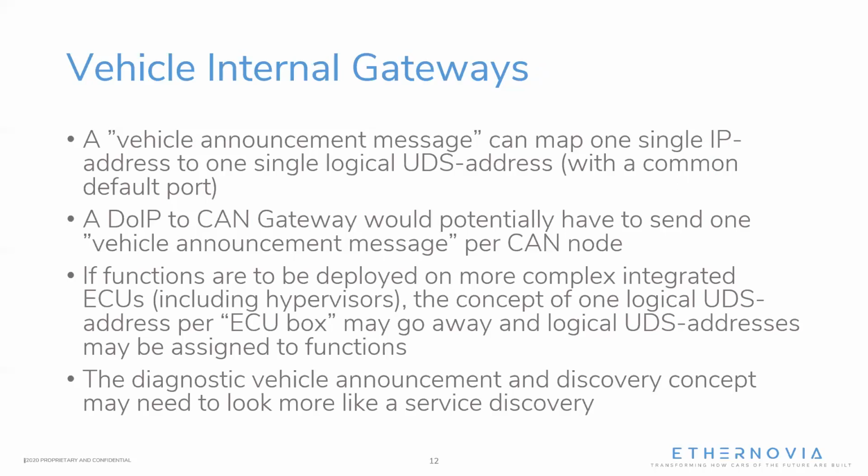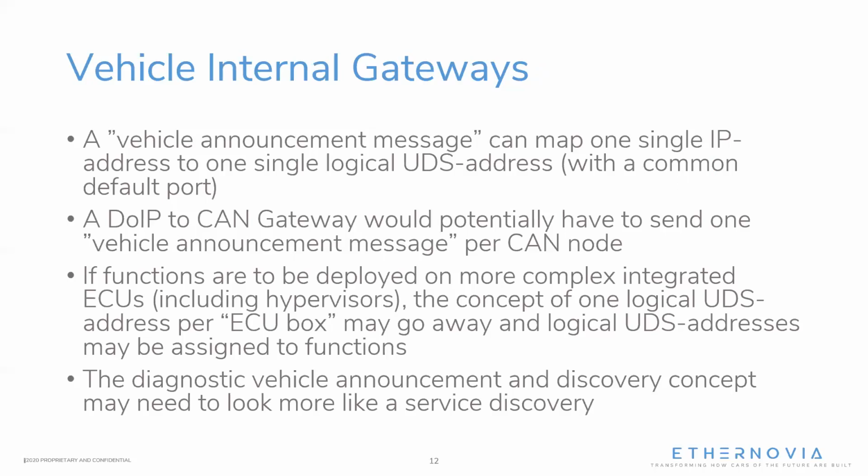So if you have a DoIP to CAN gateway and you would want to announce the UDS addresses of your CAN nodes as they become available, you would have to be sending a vehicle announcement message per CAN node. That is obviously a very inefficient way to do things.